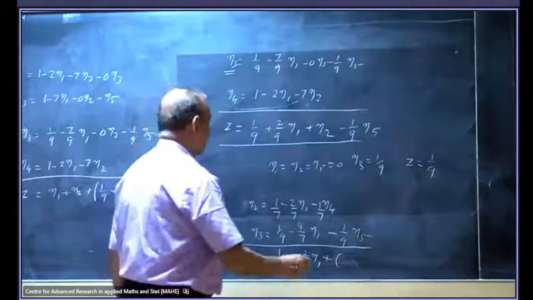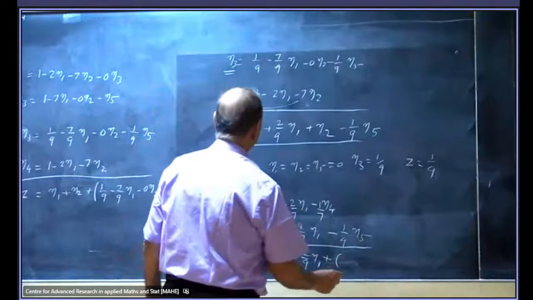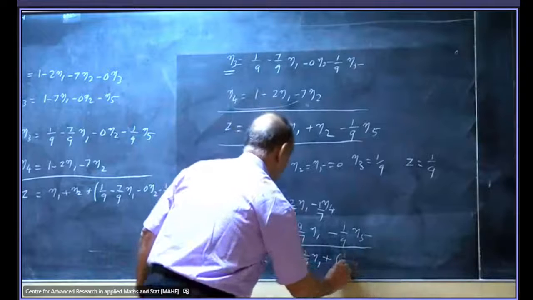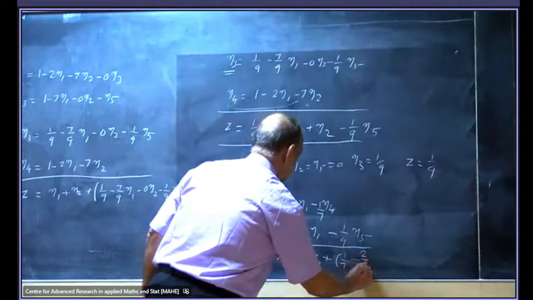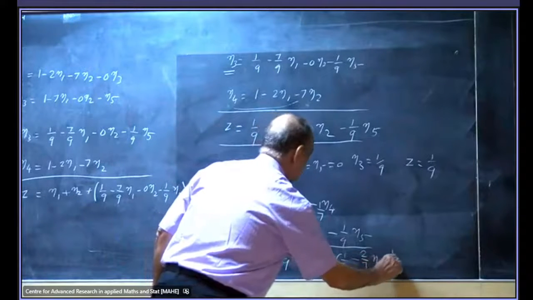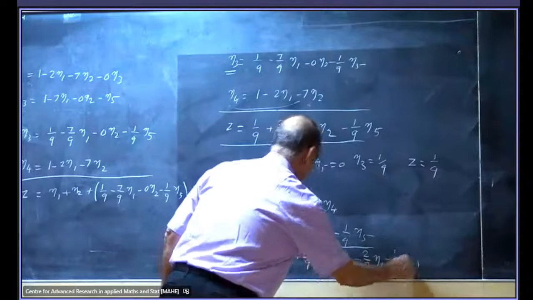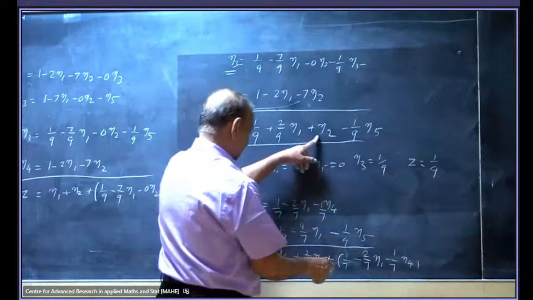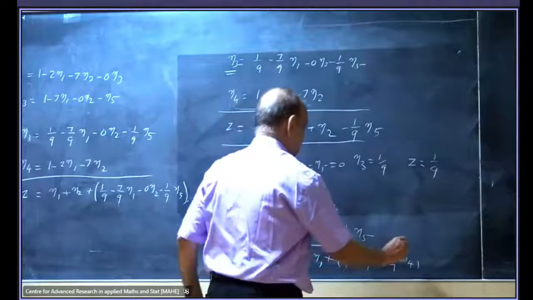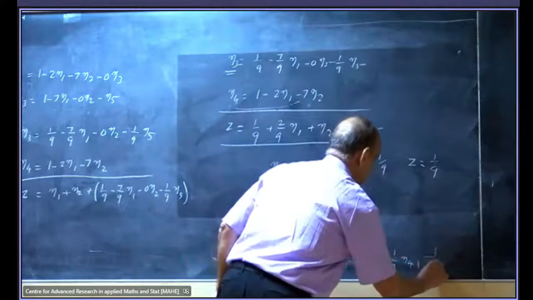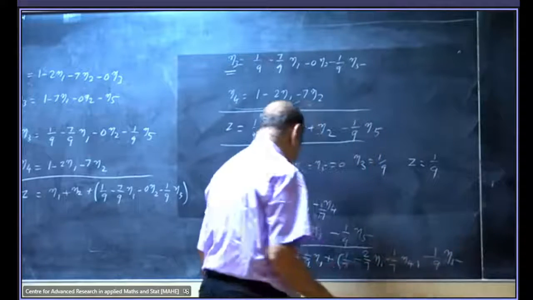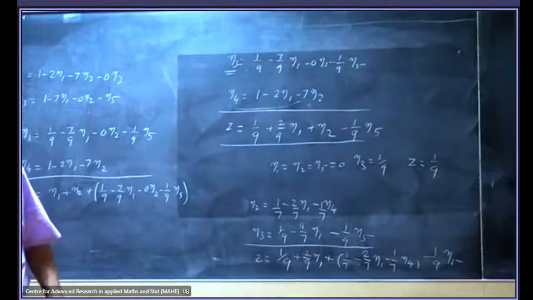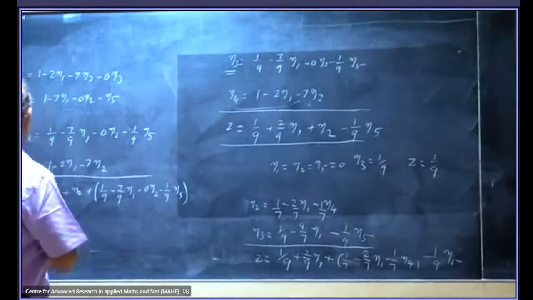So eta 2 is 1 over 7 minus 2 over 7 eta 1 minus 1 over 7 eta 4. That is this expression minus 1 over 9 eta 5. Okay? So let us copy that.